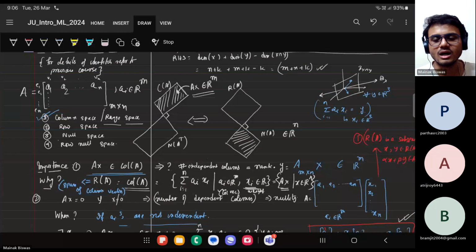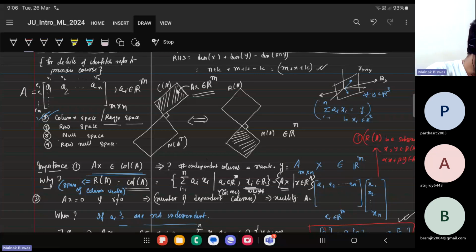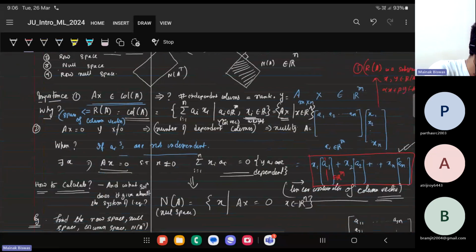If x is in the column space, it cannot be in the null space. The column space is all those vectors Ax, combinations of the columns. Just to be clear, the column space is the set of vectors Ax, right?